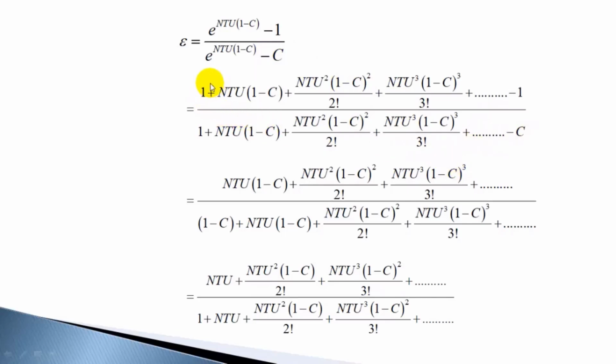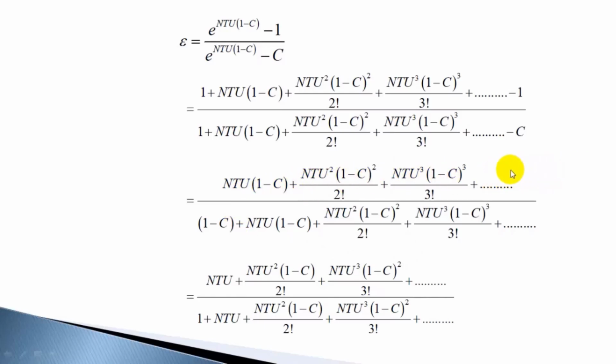Now what I do is this plus 1 and this minus 1 I will cancel. Okay, that is cancelled. Now 1 is in the denominator and here minus c is there, that I will group: 1 minus c. So you get 1 minus c plus the remaining terms you can write down. So it's an infinite series, it goes on. Now 1 minus c is there as a factor in all the terms.